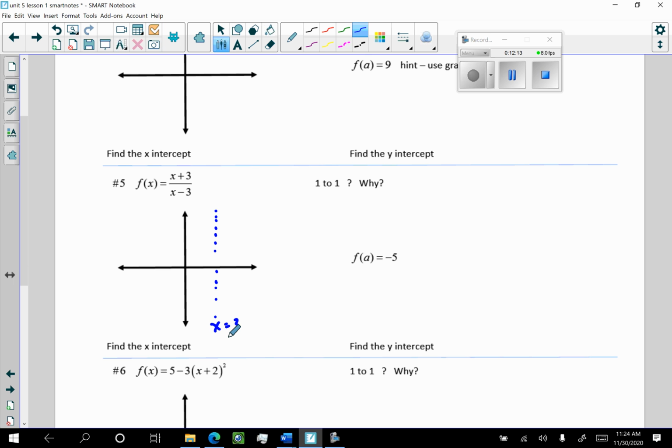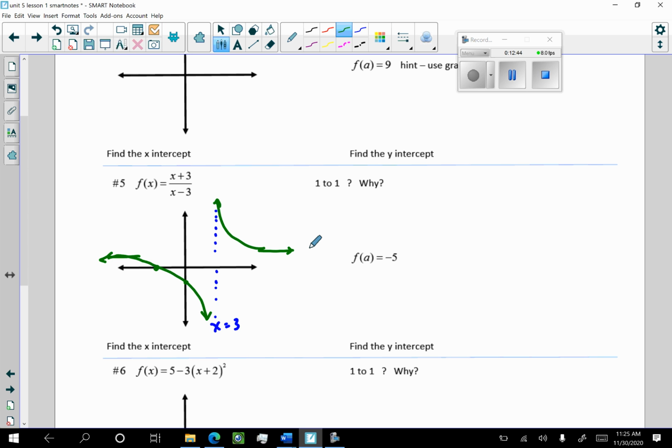It has a horizontal asymptote of y equals 1, because a kerbillion over a kerbillion is 1, negative kerbillion over negative kerbillion is 1. It has a y-intercept, put 0 in, of negative 1, and has an x-intercept of negative 3. So this graph looks like this. It has to go up.